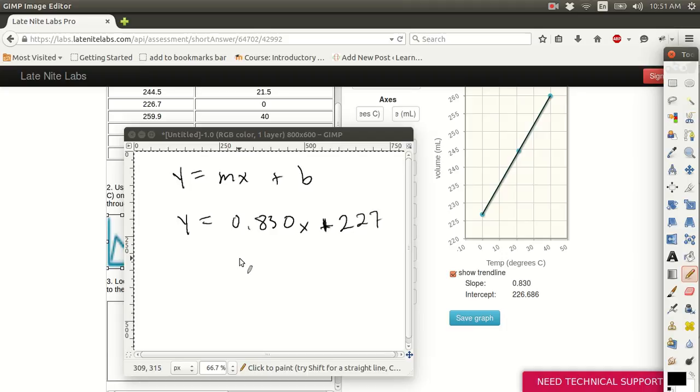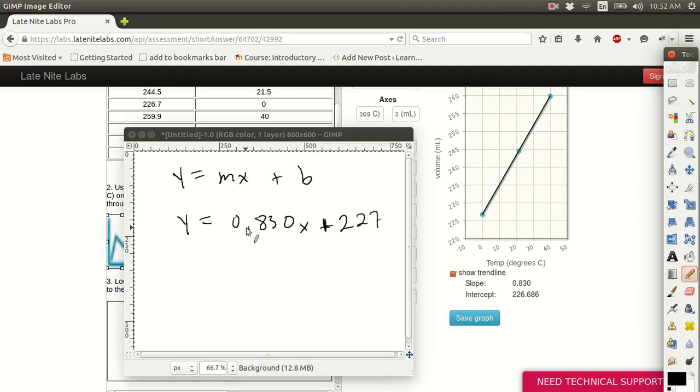So that's why it's called an ideal gas. It's not something that really exists. It's just an idealization, a mathematical model of the way a normal gas would behave under normal conditions.